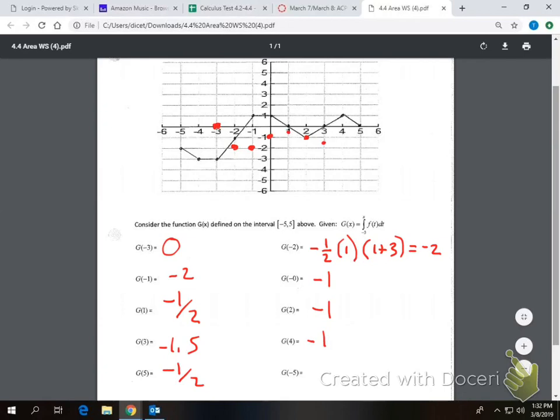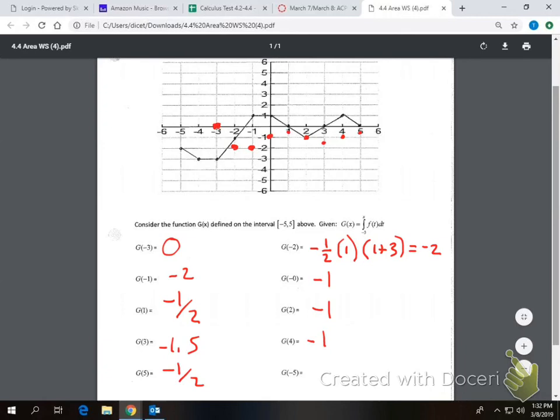So at g of 4, I'm at -1.5. No, g of 4, I'm at -1, excuse me. At g of 5, I'm at -1/2.